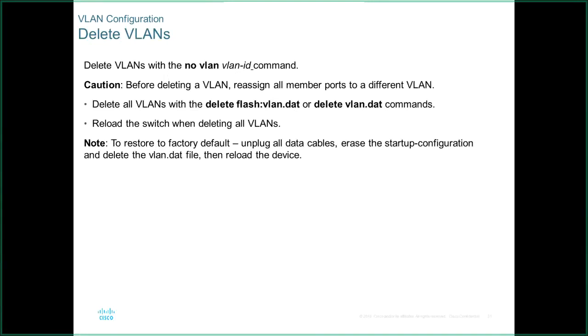So you delete it from the configuration of the switch, and then you need to delete the flash vlan.dat file and reload the switch. You need to do this in quick order because, as I said, the vlan.dat file is automatically updated and restored periodically.